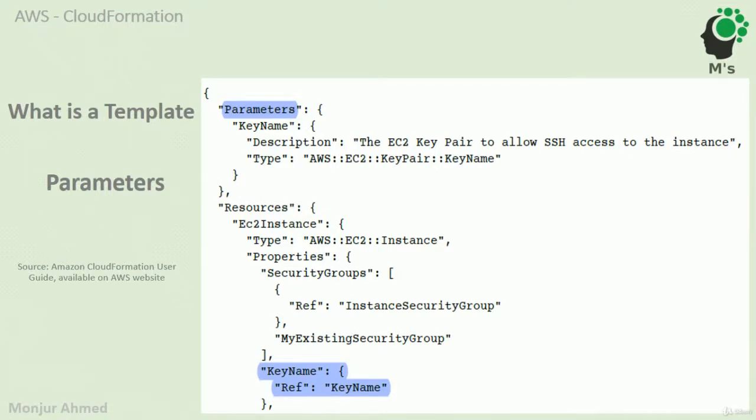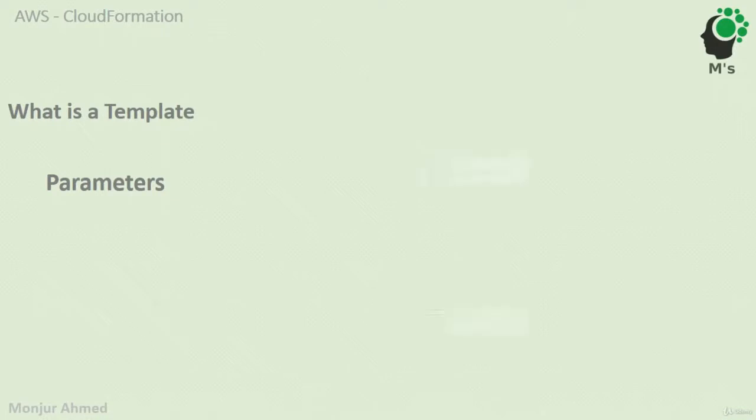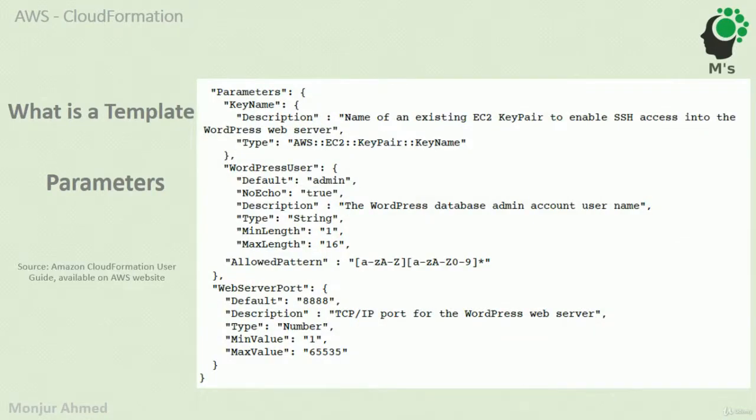And if we keep moving on, we look into another example, which again is just a bit of elaboration of the previous one. Here the only difference is that you have parameters, key name, and you also have a parameter for, let's say, if it is for a WordPress website, a WordPress user.